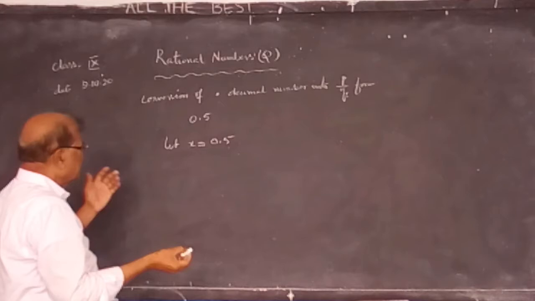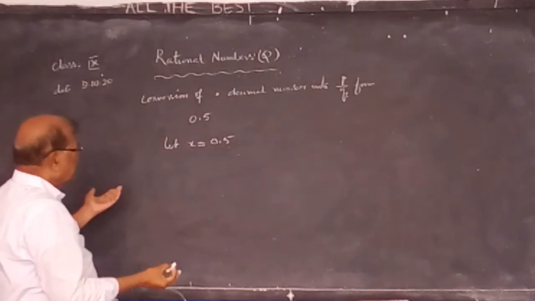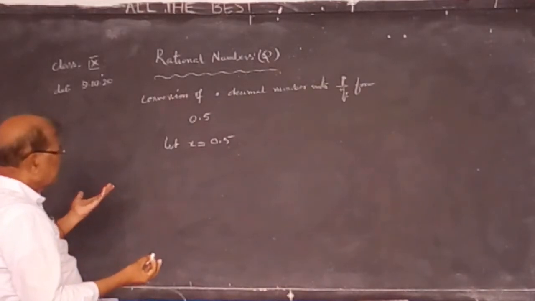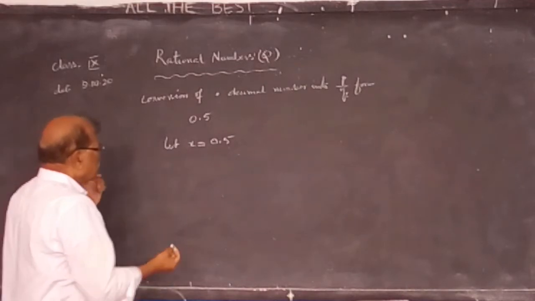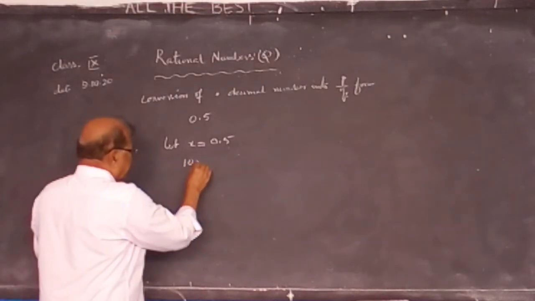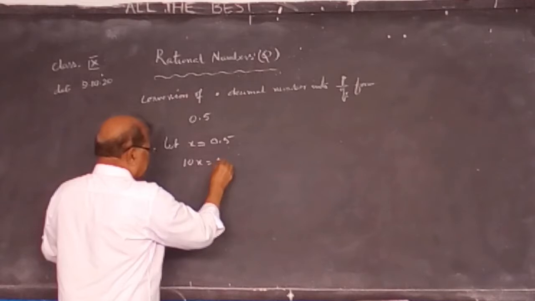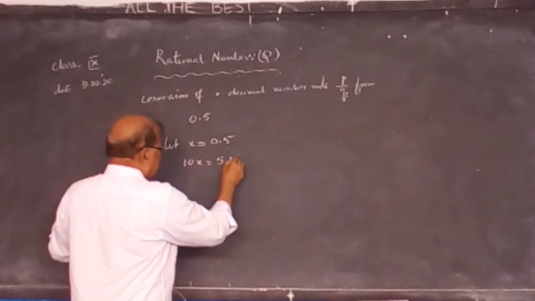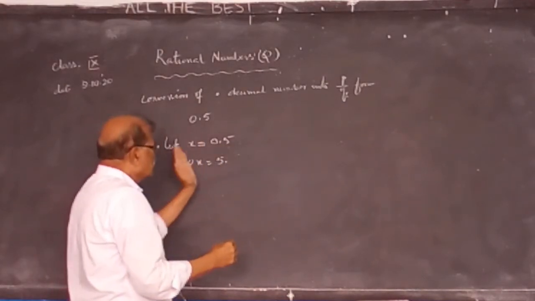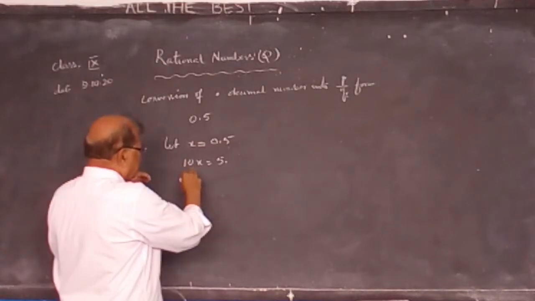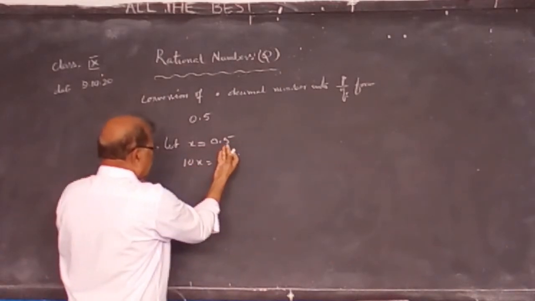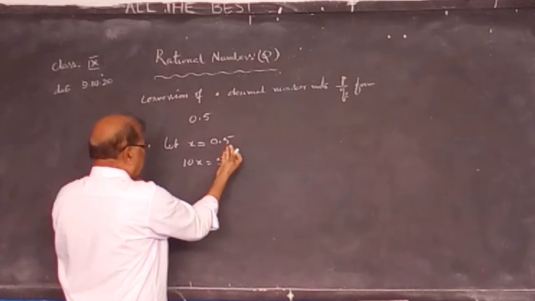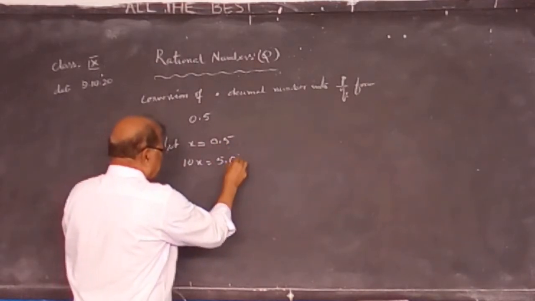The equation does not change by multiplying or dividing by the same number. So if you multiply by 10, you get 10x. This is 5 point. When you multiply with 10, one place is moved. So 5 comes here, 5.0.